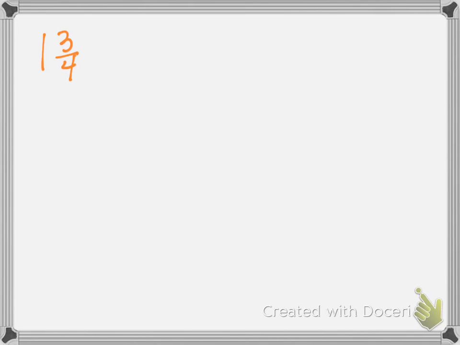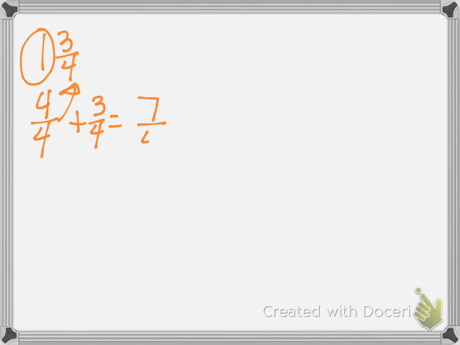So if we look at this, we know how to add fractions when they have the same denominator. We simply keep the denominator and we add the numerators together. So if we think about 1 whole, if we want to have it with a denominator of 4, we could write 1 whole as 4/4. That's the same as 1 whole. And so then if we were to put it together with our 3/4, we would have 7/4.